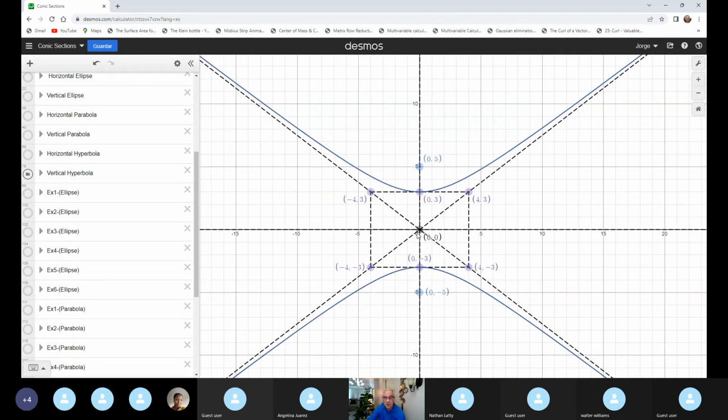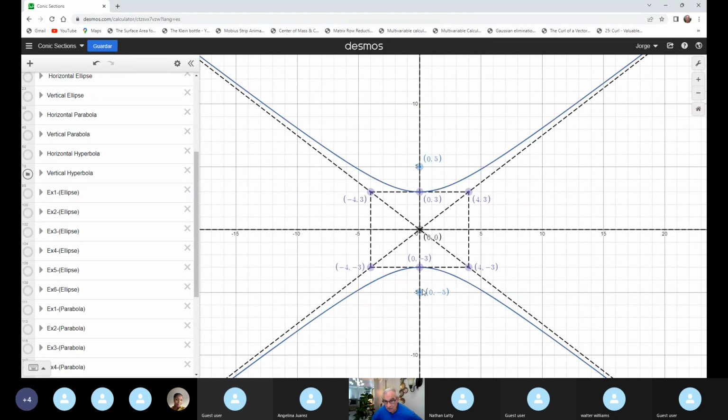Center 0, vertices (0,3) and (0,-3). Foci (0,5) and (0,-5). By the way, I want to say something again. The foci lie on the transverse axis, the same axis on which the vertices lie.